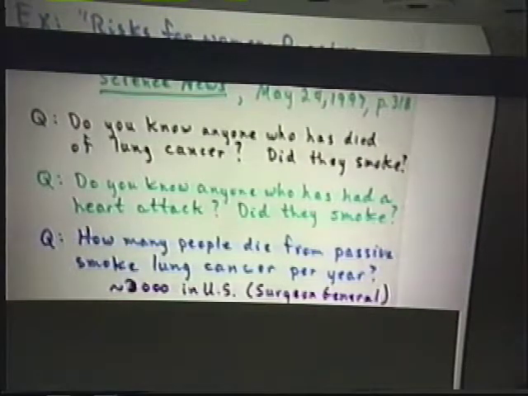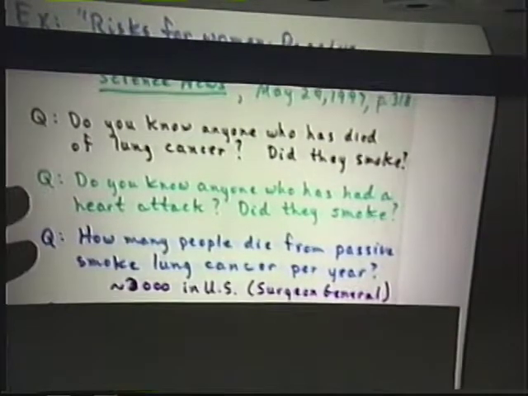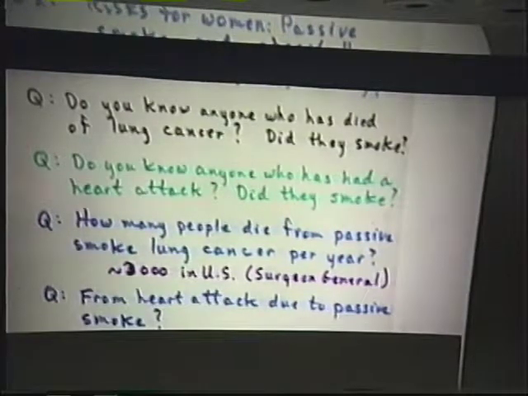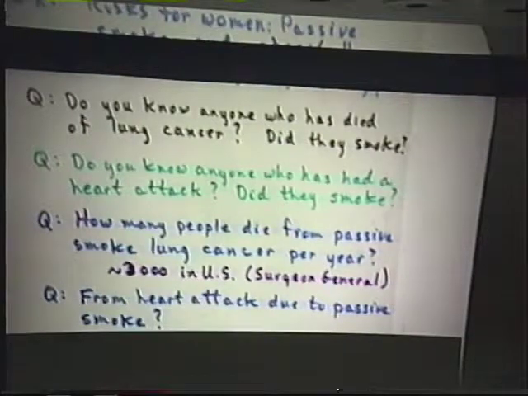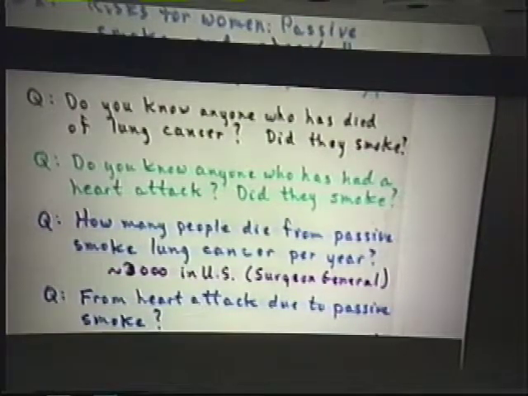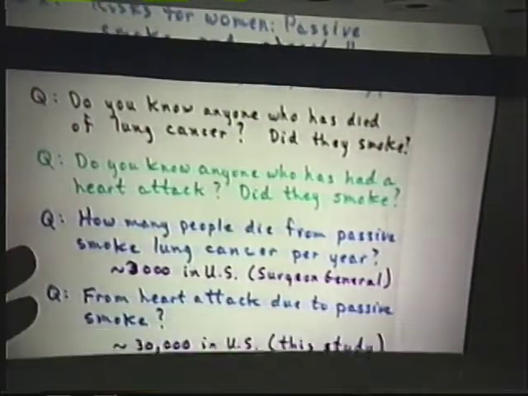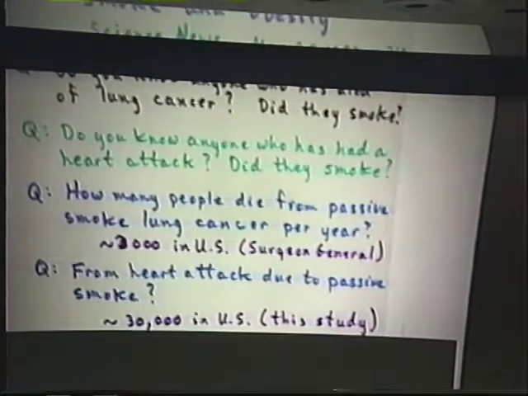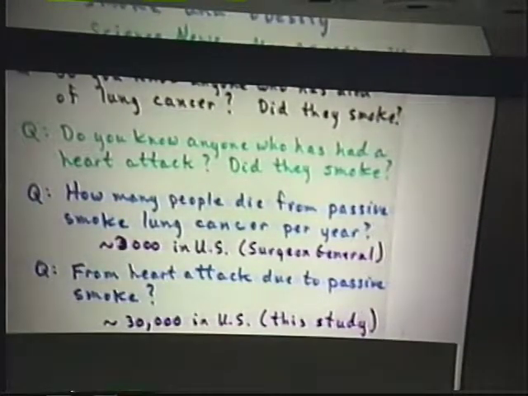All right, now, this article in Science News said, how many people a year in the United States do you think die from heart attacks that can be, according to the study, attributed to passive smoke? You think more or less than the 3,000? According to this study, many more. 30,000.